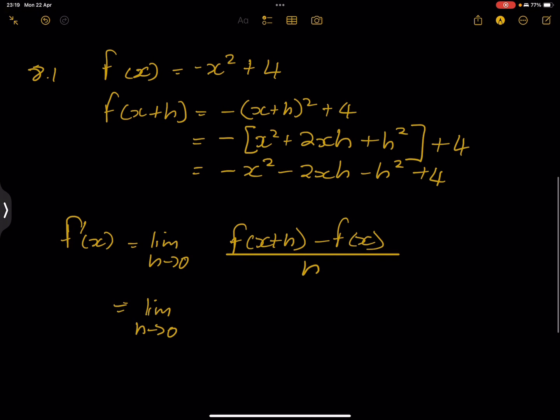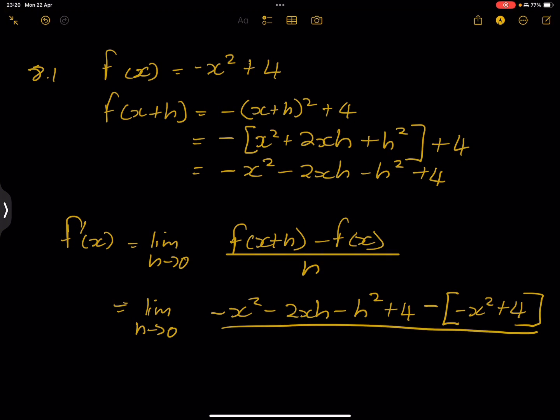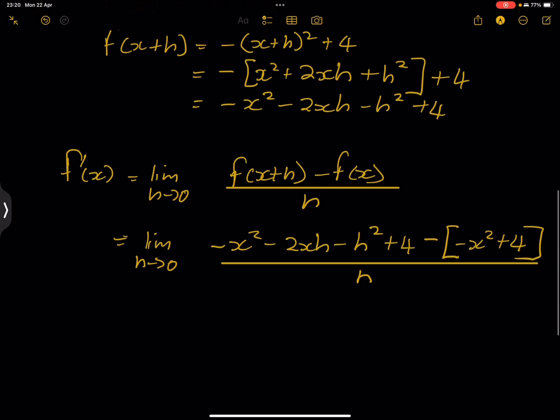Please don't drop the limit until you substitute h. F of x plus h, we've now found, is minus x squared minus 2xh minus h squared plus 4, minus, remember f of x was minus x squared plus 4, divided by our h value.